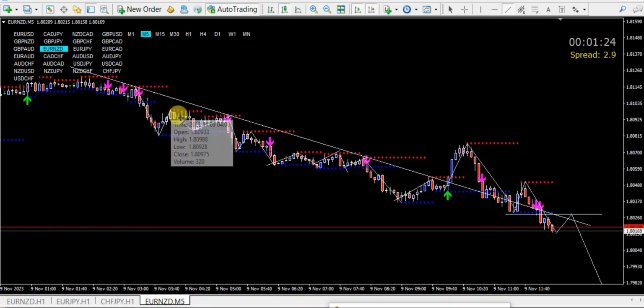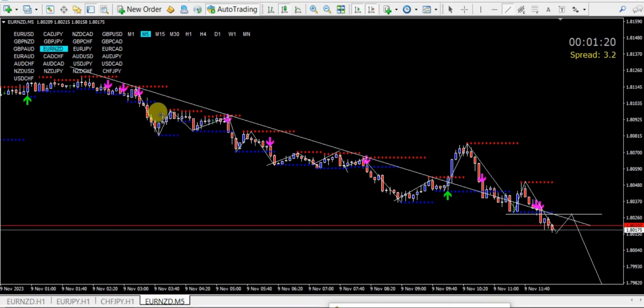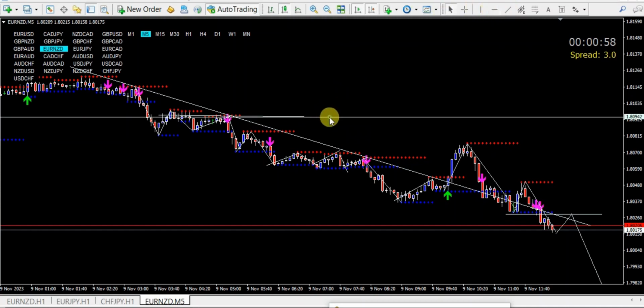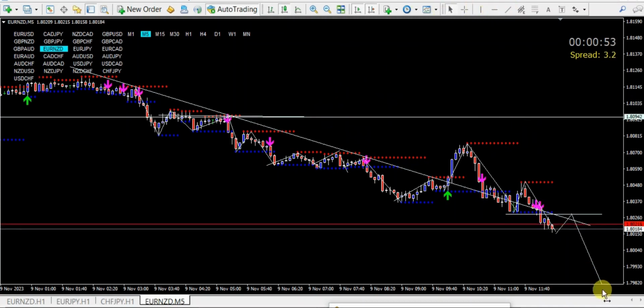So from here now, if you enter from this place, the market will come back to your entry point and then move downward, up a little bit, and so on. So you can see that now you are safe here because the market has not come back to this level. It has just continued.